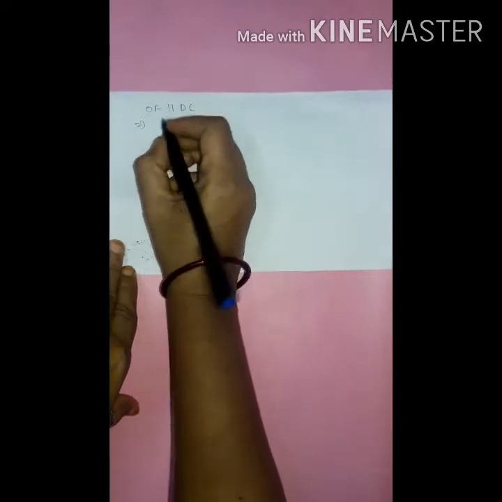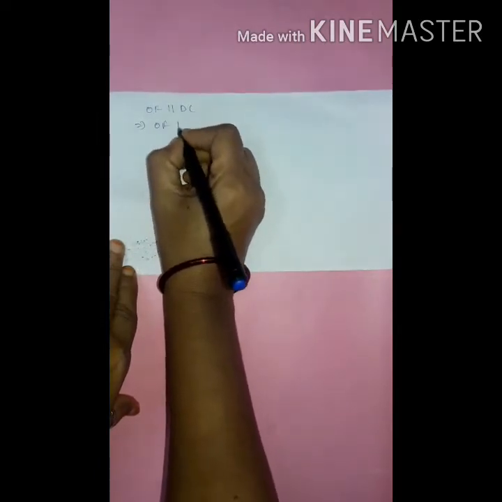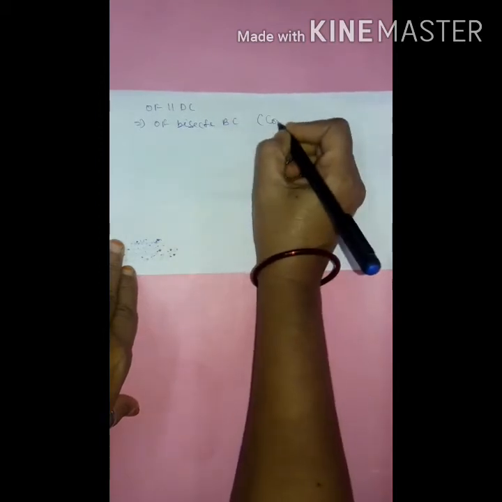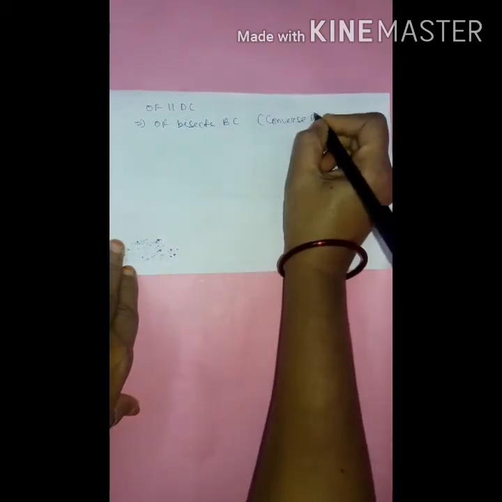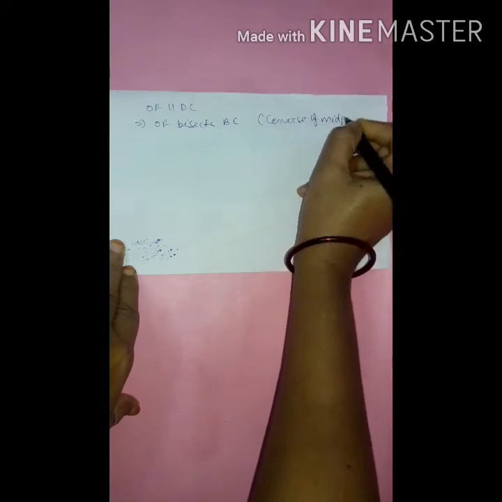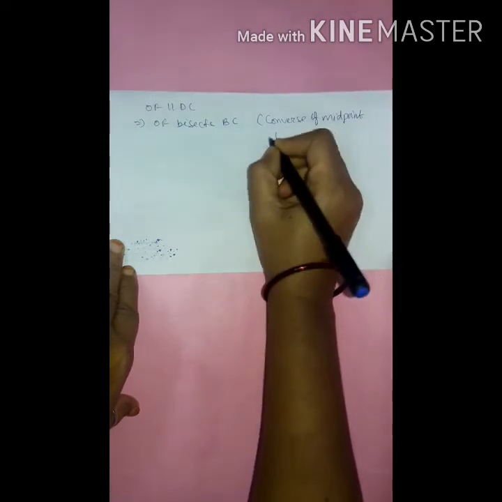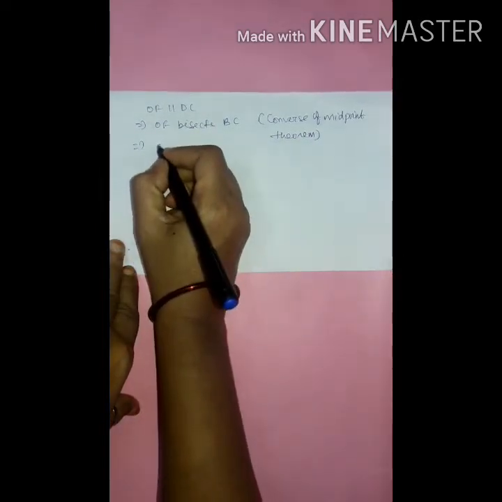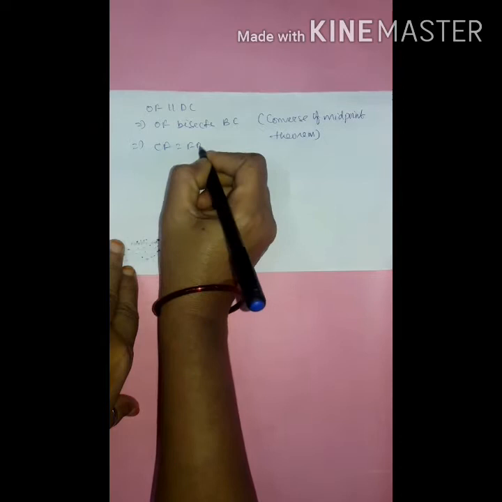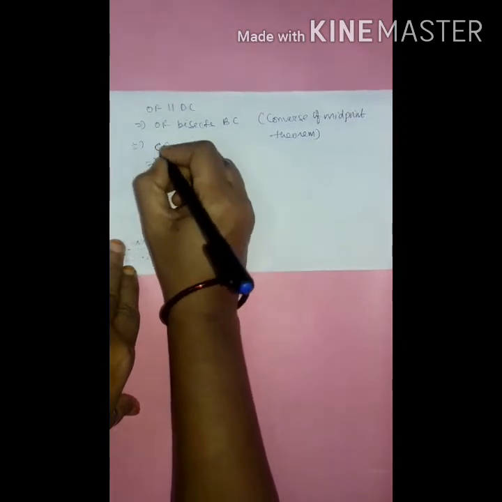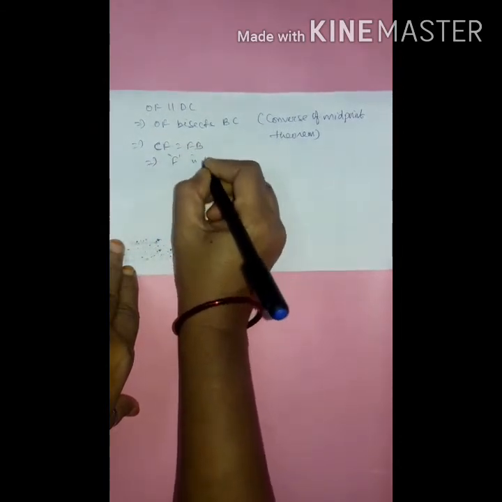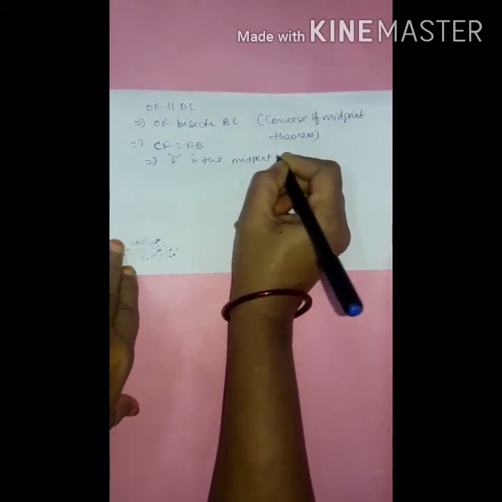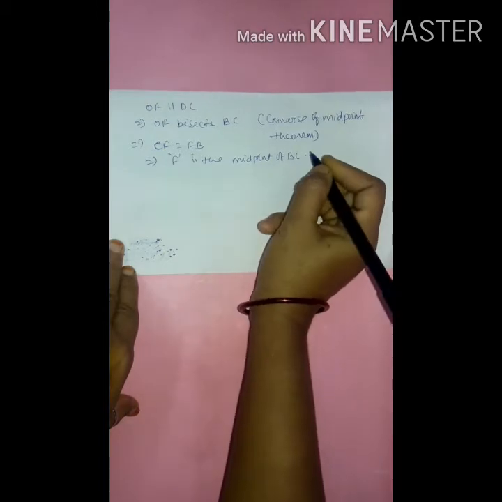This implies OF bisects BC, by the converse of the midpoint theorem. This implies CF is equal to FB. This implies F is the midpoint of BC. Hence proved.